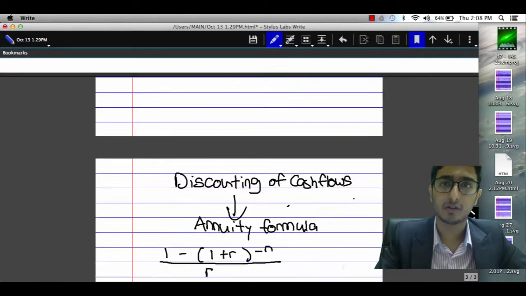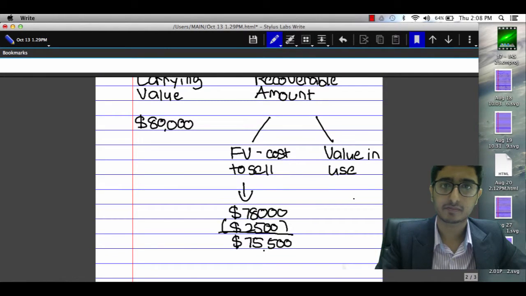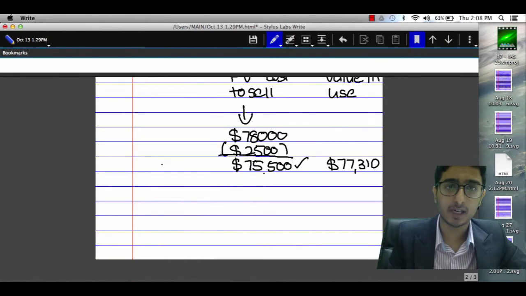$77,310. Okay. My value in use is $77,310. Now, recoverable amount, we will take the lower one. From this calculation, you can see that the fair value minus cost to sell is actually the lower value. Yes? So now, how do we calculate impairment?